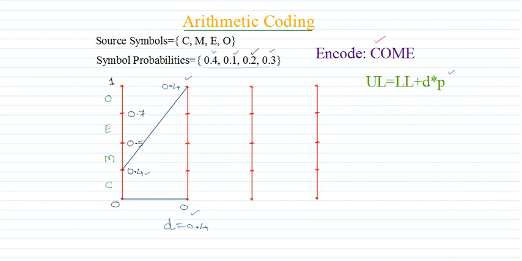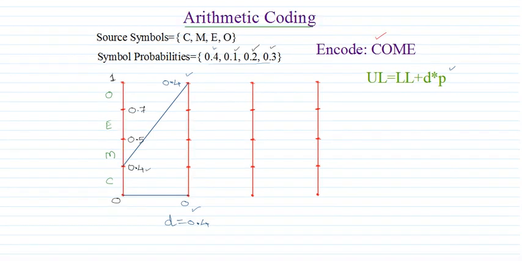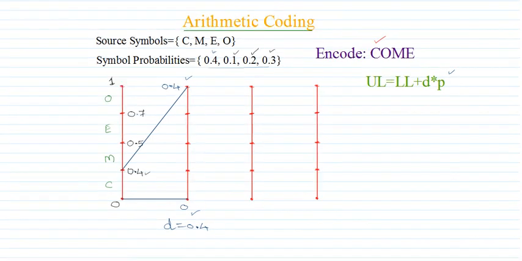Now I can utilize this formula. If I want to find this upper limit, I have to use the lower limit. The lower limit here is 0, plus D, whose value is 0.4, into the probability corresponding to C. This is the C line and the probability corresponding to C is 0.4. The value is 0.16, so I enter that value here.